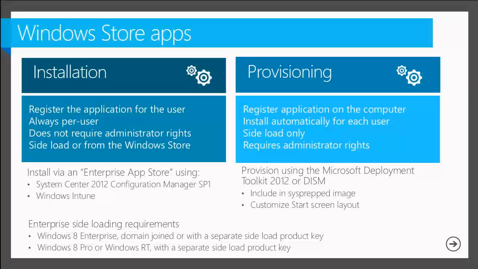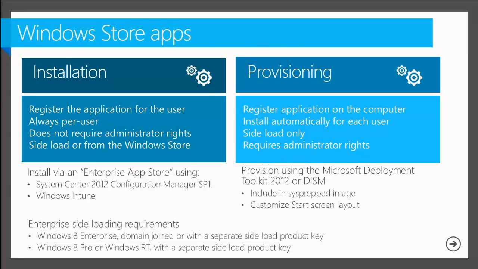The price of those sideload product keys varies based on the volume and the type of agreement that you have in place, but the starting point for pricing is about $30 per key. Since they're sold in 100 packs, that means $3,000 for a 100 pack, but the prices will go down from there based on the volumes.